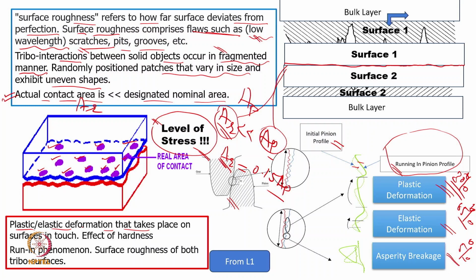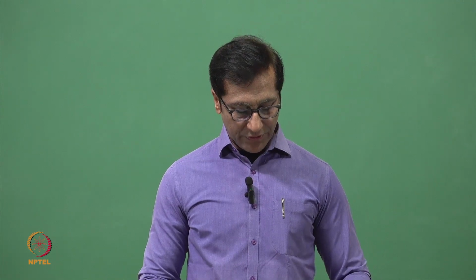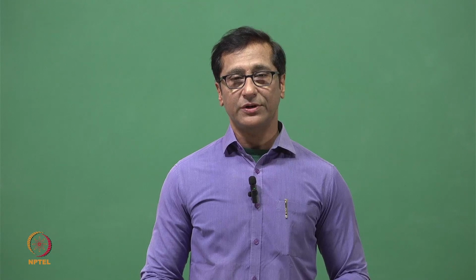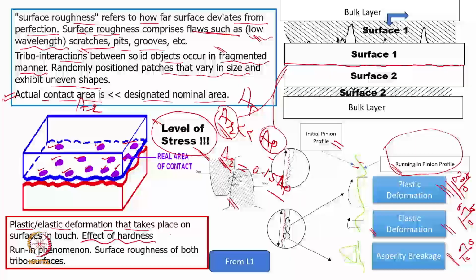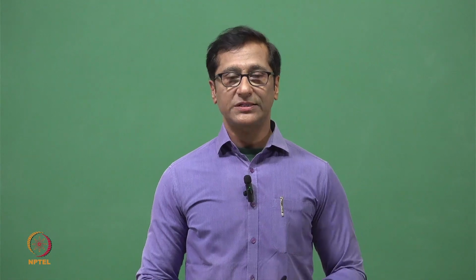Now how much plastic, how much elastic, mostly it will depend on the hardness. If hardness is on a higher side, naturally more of the deformation will be elastic deformation, and lesser will be plastic deformation. However, if the hardness is lesser, plastic deformation will dominate compared to elastic deformation.